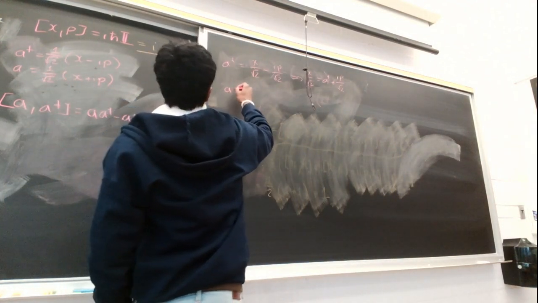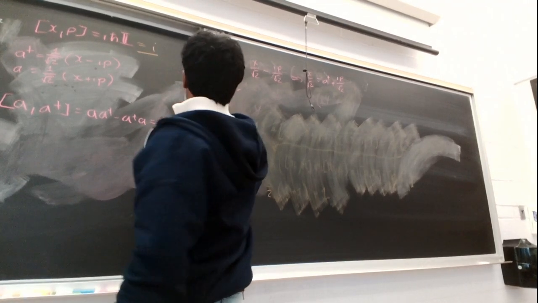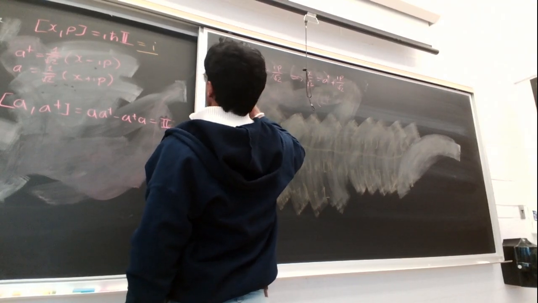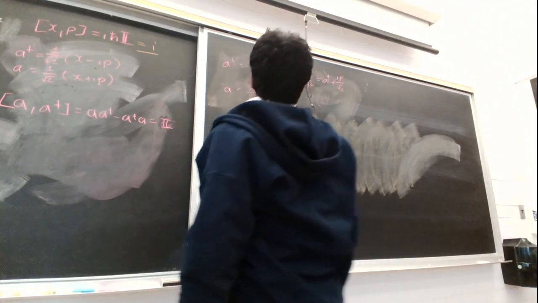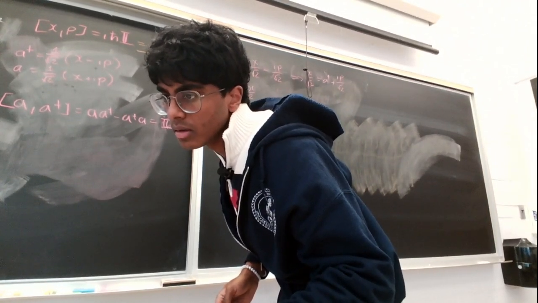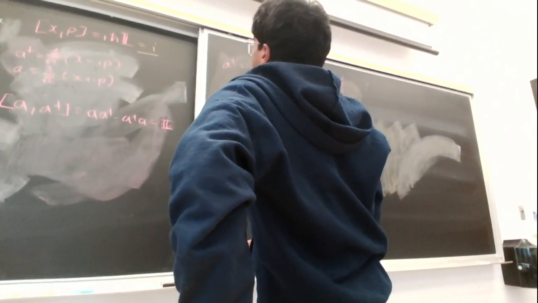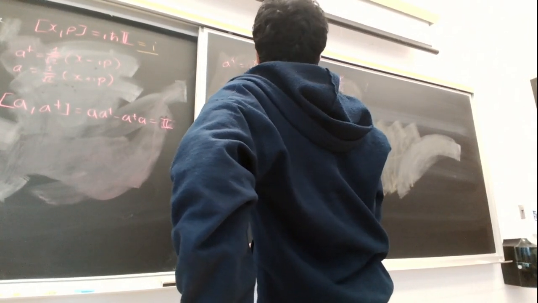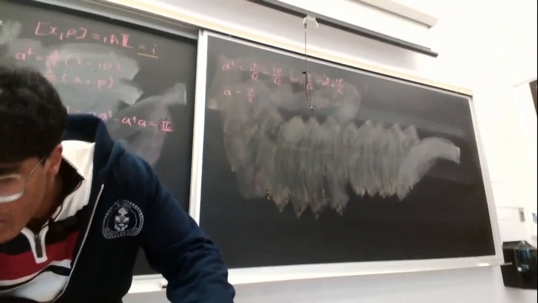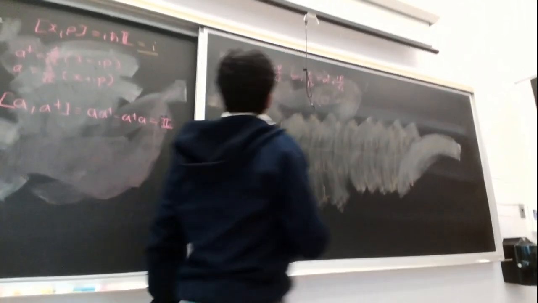So that will give you a is equal to x over root 2. What if I did it wrong? Am I tripping now? My bad. A dagger is equal to... oh, this is a negative.